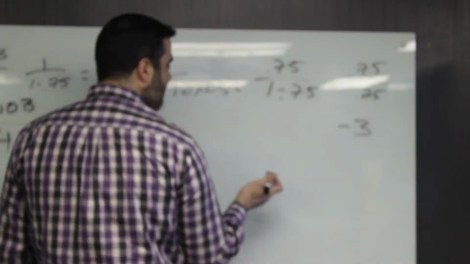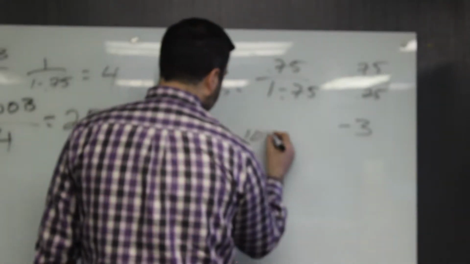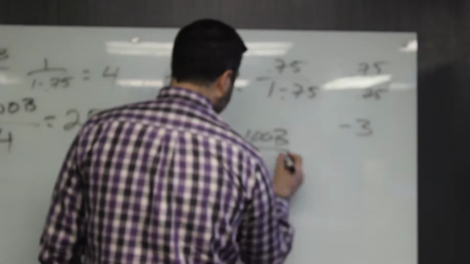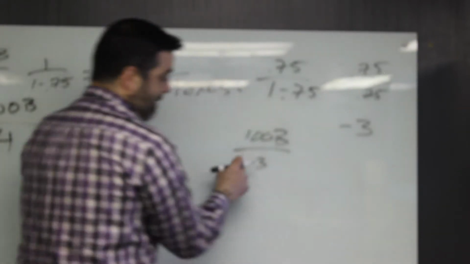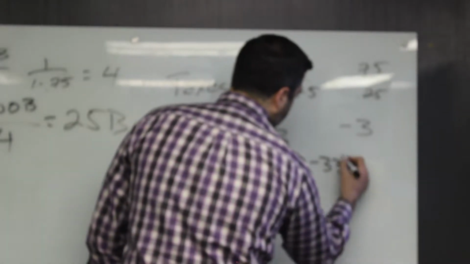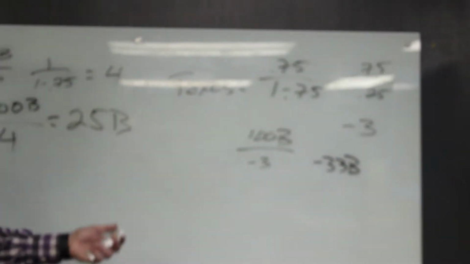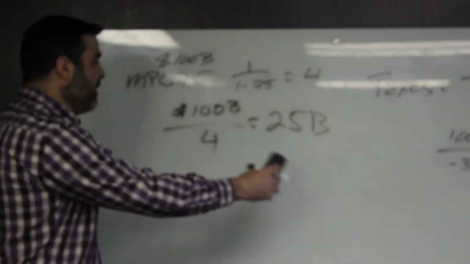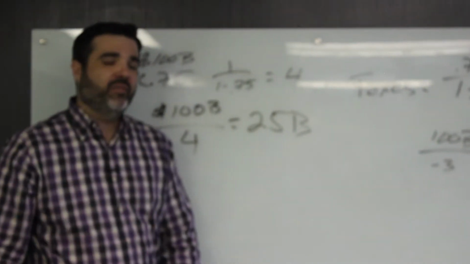So I have to cut taxes by 100 billion divided by negative 3, because I have to decrease taxes, which would be roughly negative 33 billion. So I would have to cut taxes 33 billion, or I'd have to spend 25 billion.